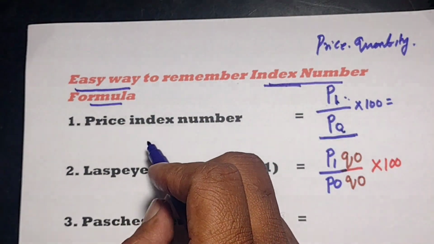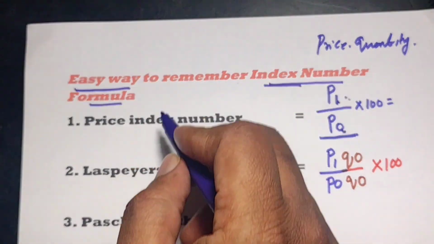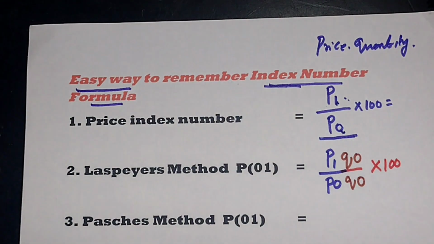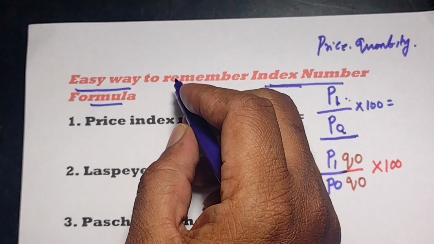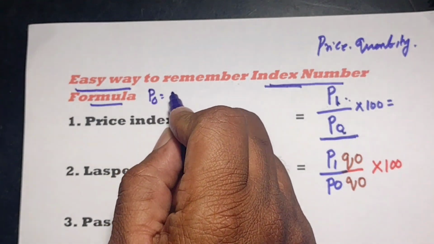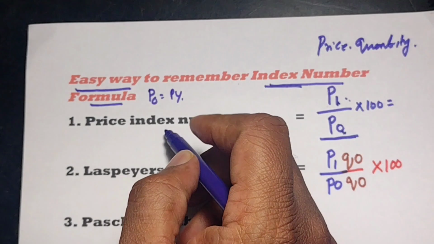The very first concept of this chapter is the price and the quantity of the previous year and the current year, or the base year with the present year. So P0 is relating to the previous year or the base year.